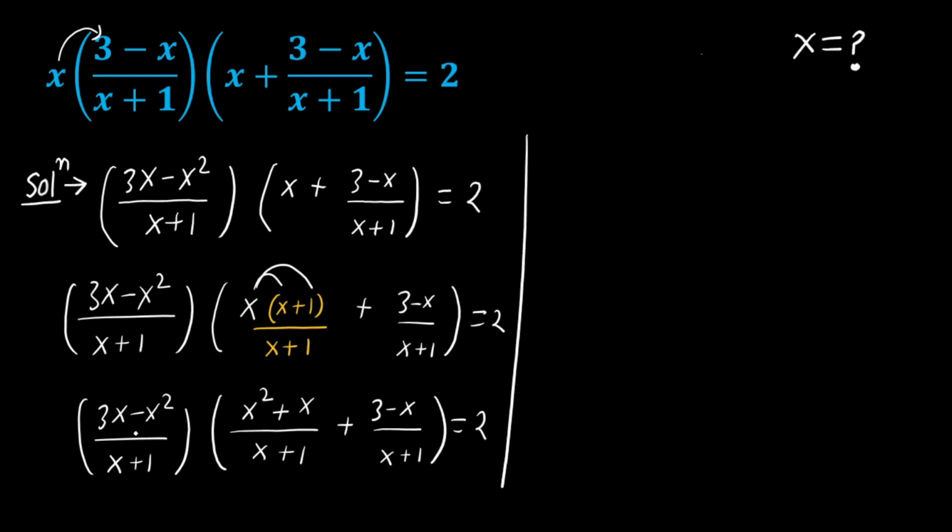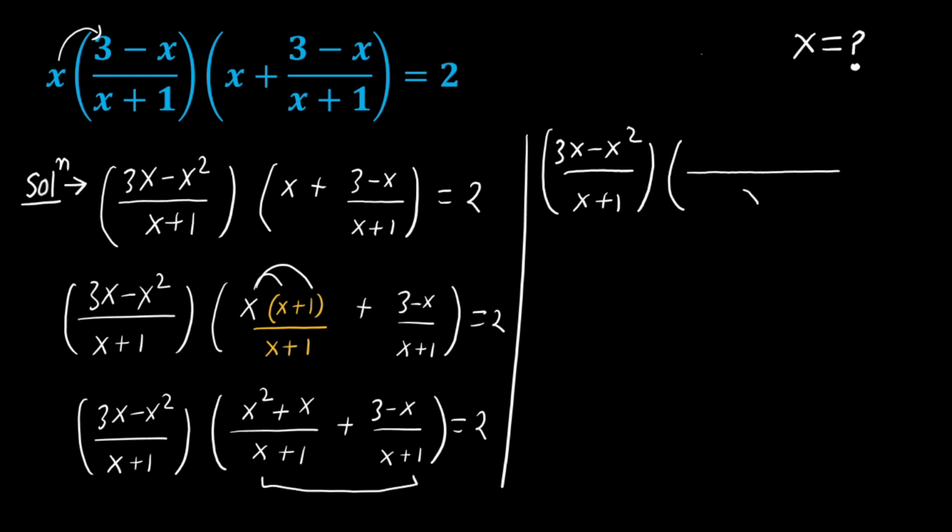Here (3x minus x square divided by x plus 1) is multiplied by this fraction, and here the common denominator is x plus 1 and the sum of the numerators is x square plus x plus 3 minus x, and this is equals to 2.